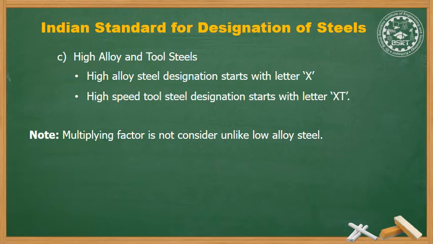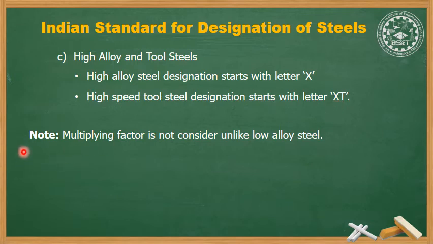Next is high alloy and tool steels. High alloy steel designation starts with the letter X, and high speed tool steel designation starts with the letters XT. So the difference between high alloy steel and high speed tool steel is only that for high alloy steel we have only the letter X, and for high speed tool steel we have to mention XT.